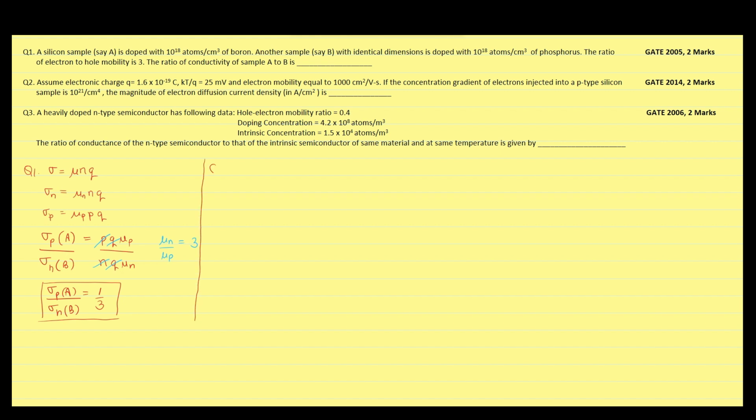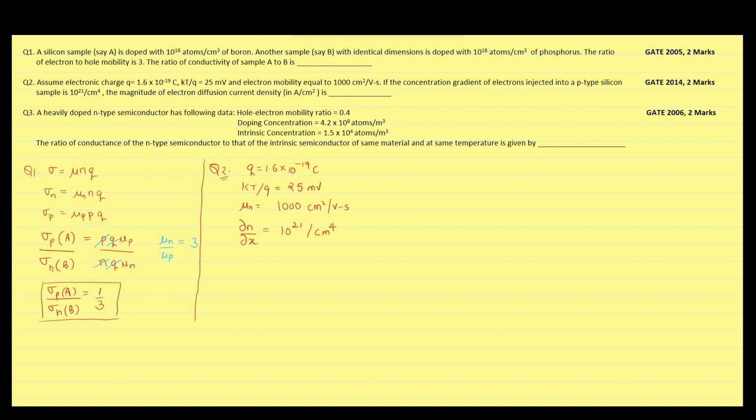Now for the second question, assume electronic charge Q to be equal to 1.6 into 10 to the power minus 19 coulomb and thermal voltage is provided to be equal to 25 millivolt. Electron mobility is provided as 1000 centimeter square per volt second and the concentration gradient is provided to be equal to 10 to the power 21 per centimeter raised to the power 4.